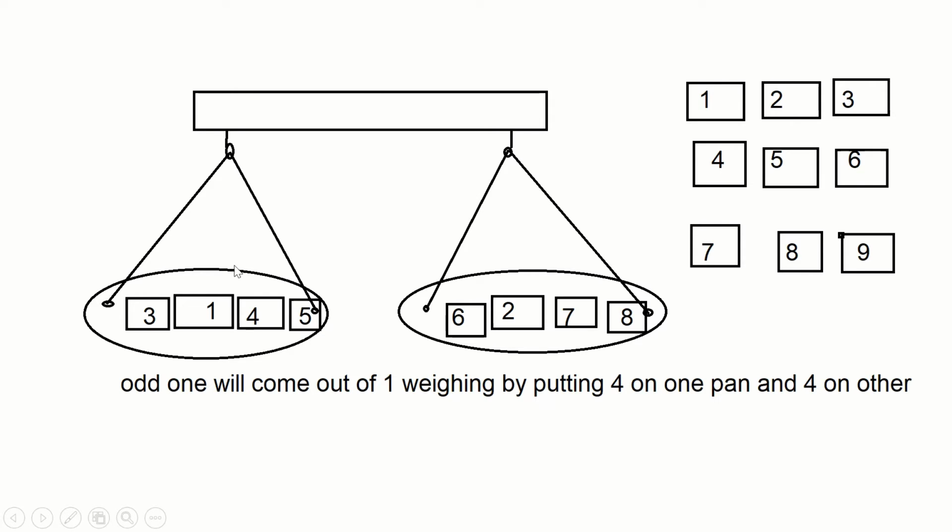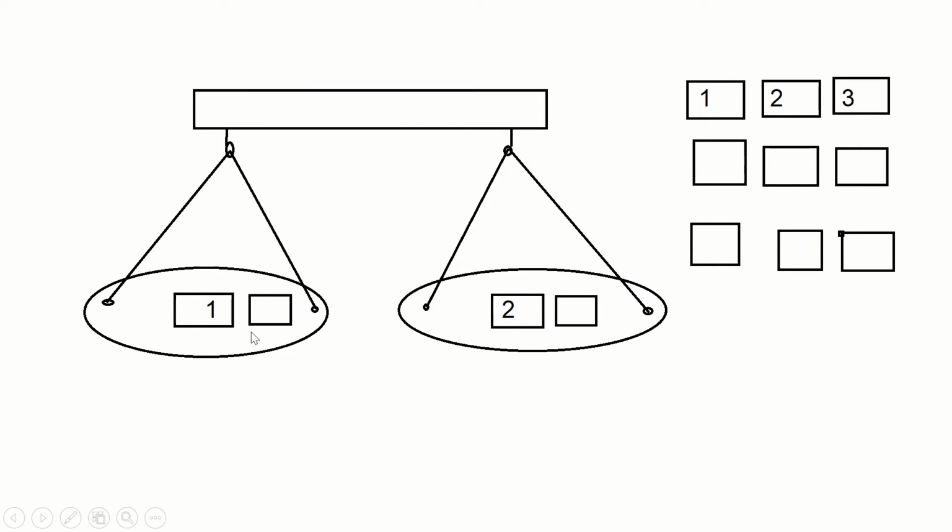So suppose the odd one is present in this pan. You have to weigh these 4 things another time to find the odd one out of the 4. So this is the second balance, the second time we are weighing, the second time we are using the simple balance.